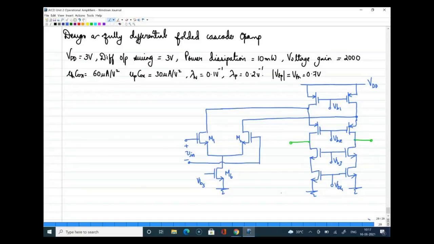There are two ways you can do it, either with a PMOS input pair or with an NMOS input pair. Now we will start with the NMOS input pair. This is the circuit diagram of a folded cascode op amp with NMOS input pair.